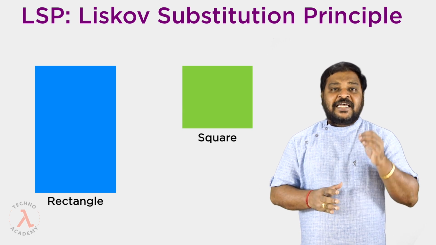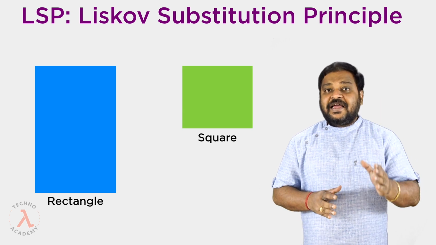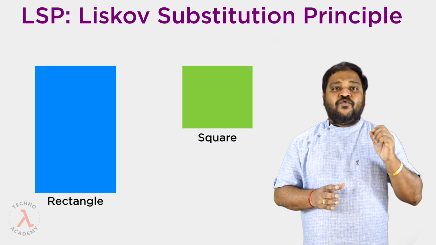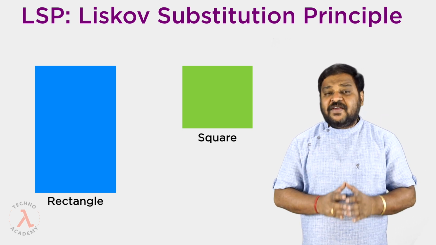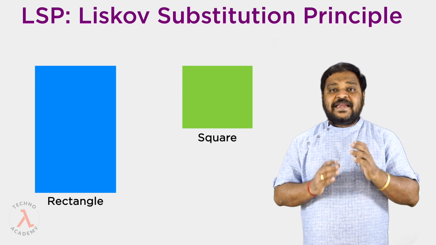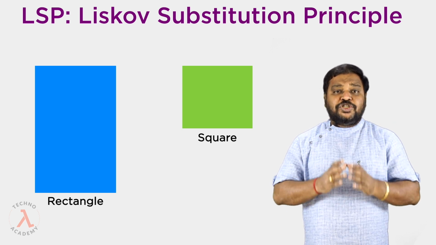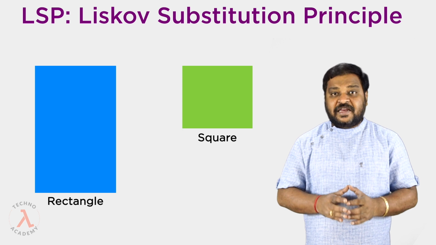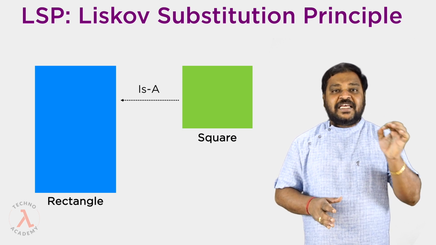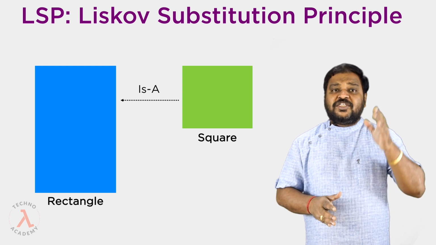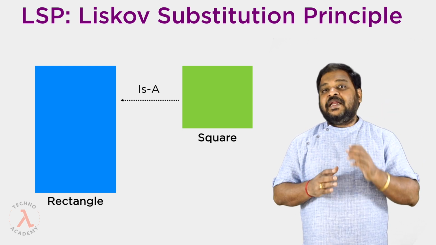And we know that as per the definitions, a rectangle will have 4 sides and 4 right angles. Similarly, a square will have 4 equal sides and 4 right angles. And also as per geometry, a square is a rectangle, and it clearly exhibits an is-a relationship, right? Which is often referred to as inheritance.